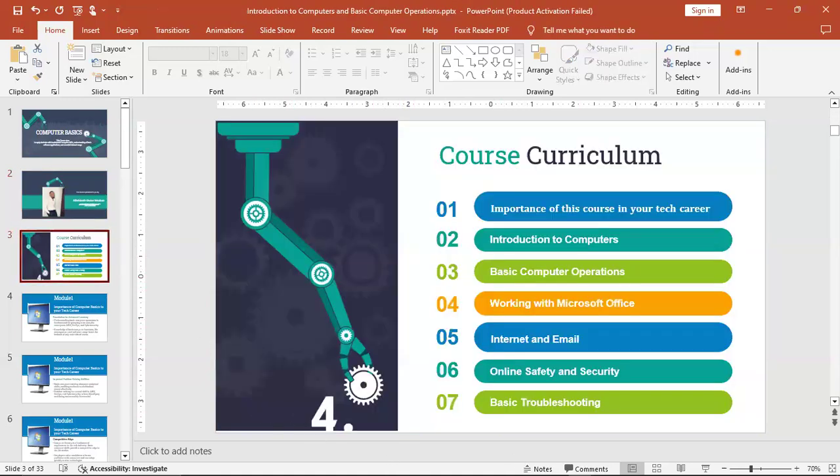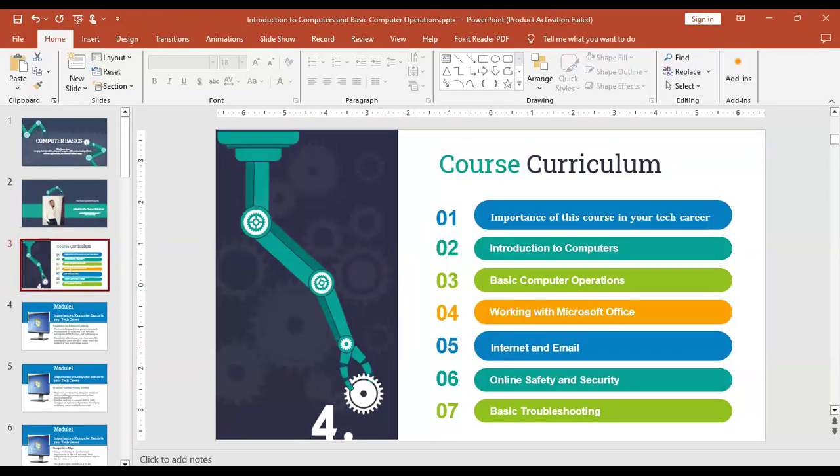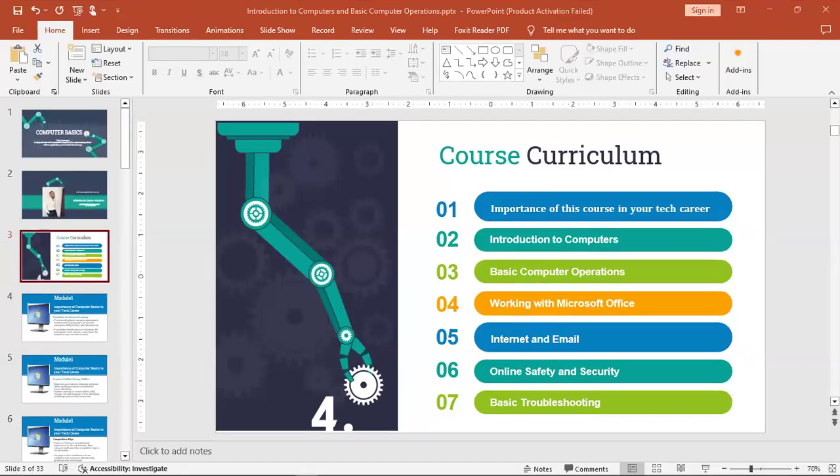Let me first share what we shall learn in this course, what you are expected to learn, the basic curriculum. Computer training basic curriculum, the overview. It's a 2 month course. During these 2 months, we're going to look at introduction to computers. We are going to talk about basic computer operations such as the mouse and the keyboard.